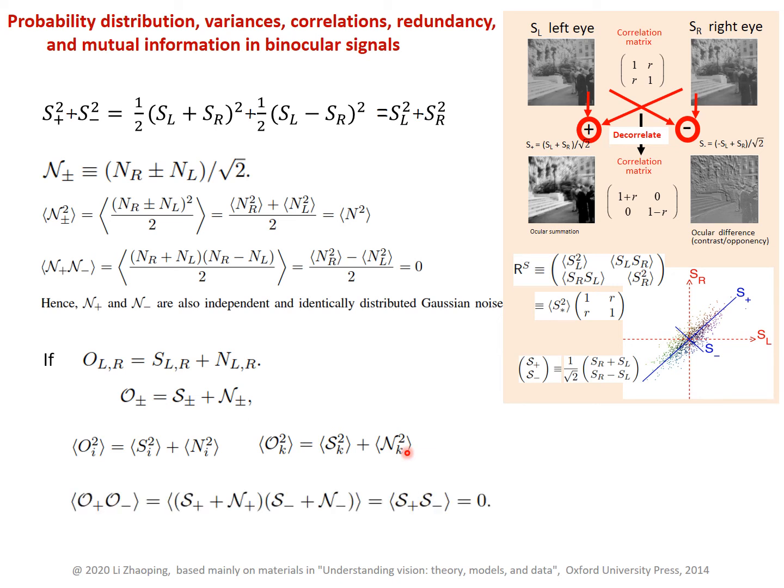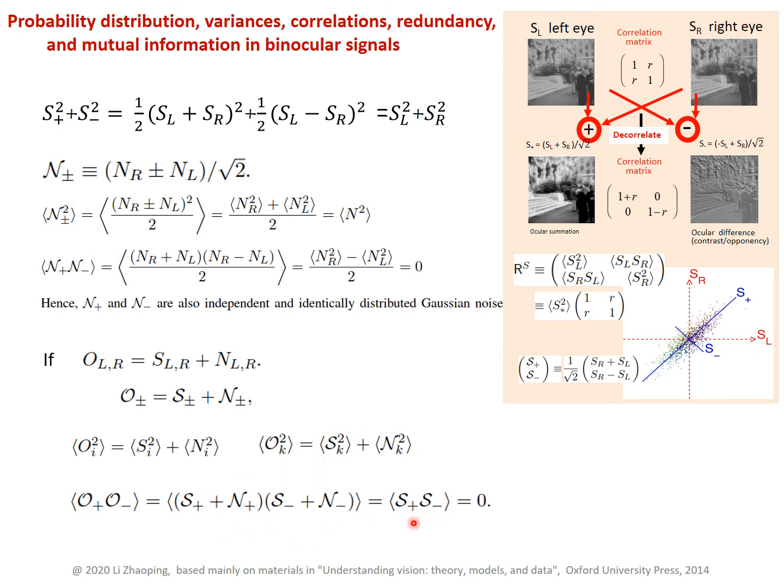And we can verify O plus and O minus are indeed uncorrelated just by writing the form out and calculating the correlations. So S plus, S minus come out this way. N plus and N minus, we know are uncorrelated, 0. Signal and noises are not correlated, so you only have the signal correlation.